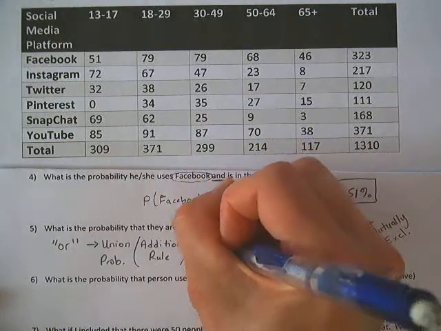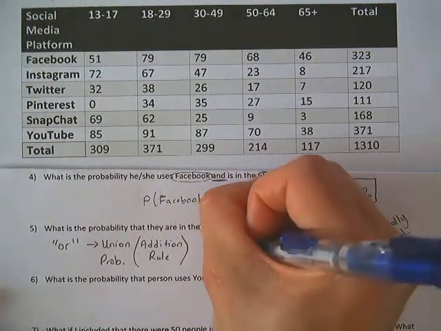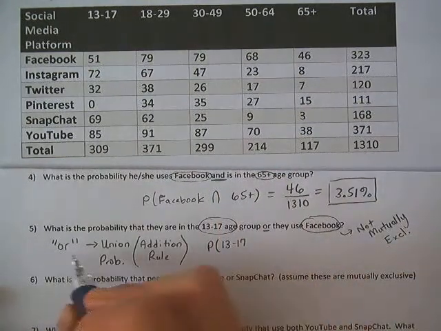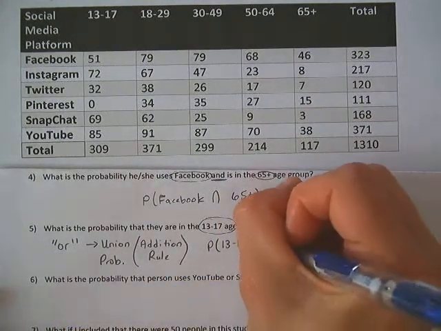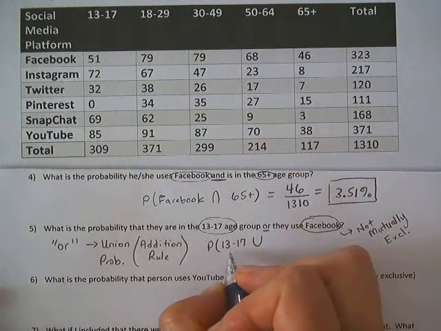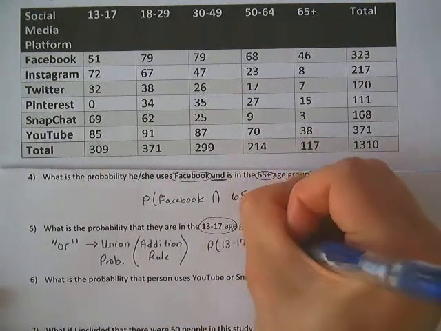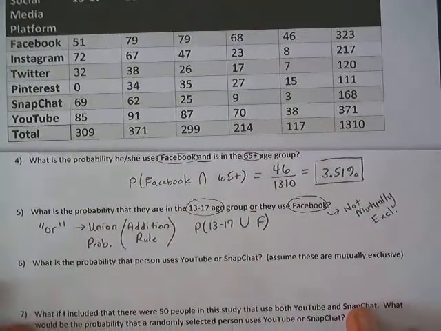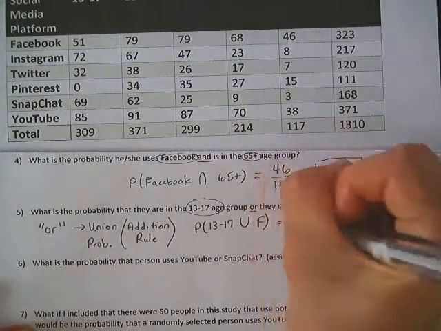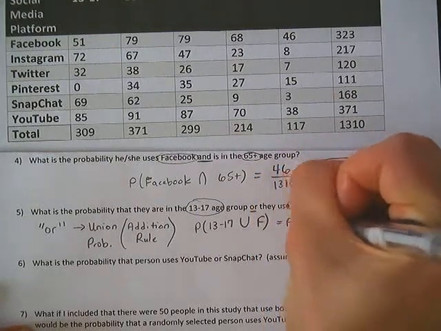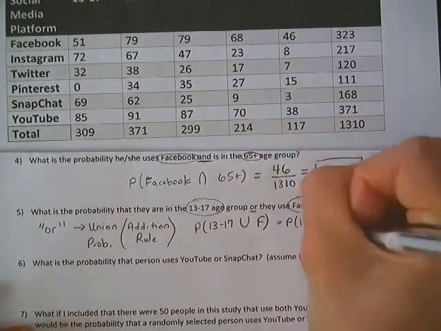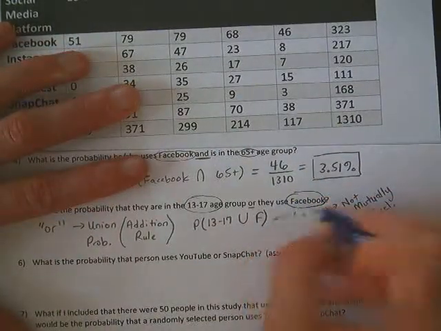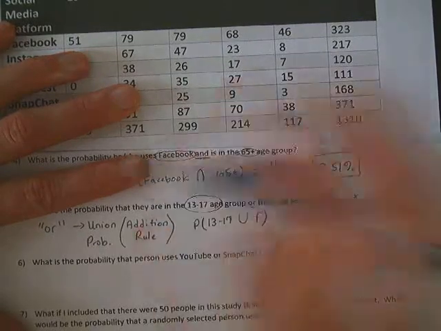Okay. So the notation is we're finding the probability of somebody being in the 13 to 17-year-old age group, and it's an or problem. So remember the symbol is the U. So being in this age group, or they use Facebook, and I'll just shorten it by putting an F. Okay. So with that, you're going to be finding the likelihood that they're in the 13 to 17-year age group, and actually let me rewrite this below it so I don't run into my other stuff over there.